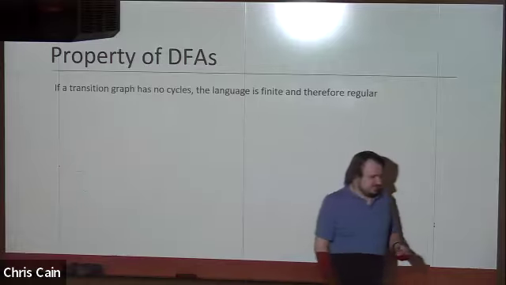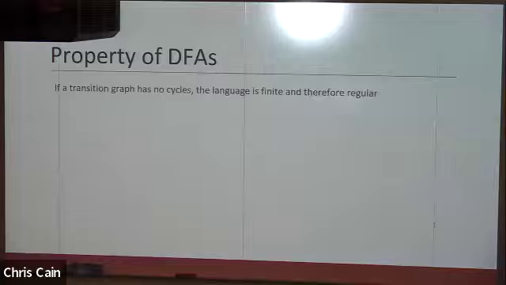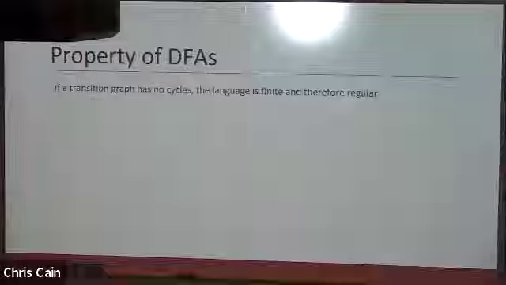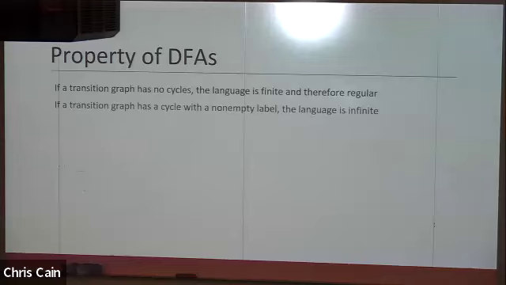All right, so yeah, if our graph has no cycles, we can represent a language with a finite number of strings in it, but not a language with an infinite number of strings in it. Any language with an infinite number of strings needs a cycle somewhere in the graph. So if there's a cycle with a non-empty label, then the language must be infinite by nature.